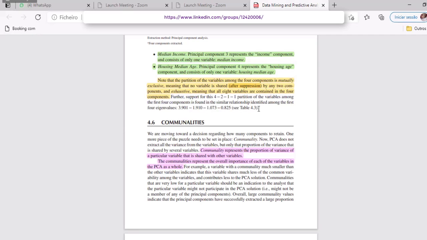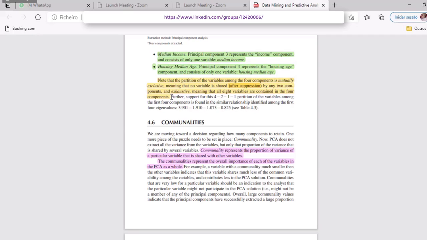Because of that, it can help us to have variables in our model that are completely independent and informative, and we have a good coverage of all the variables that we had in our model. So we can say that they are mutually exclusive, and this characteristic is very good for our components if we can get to it.